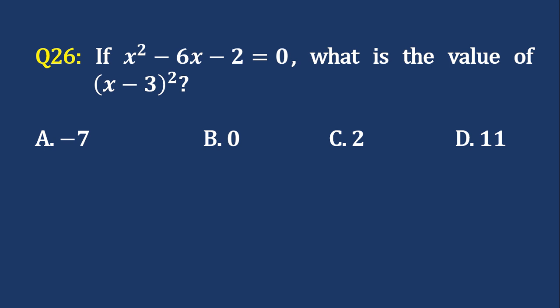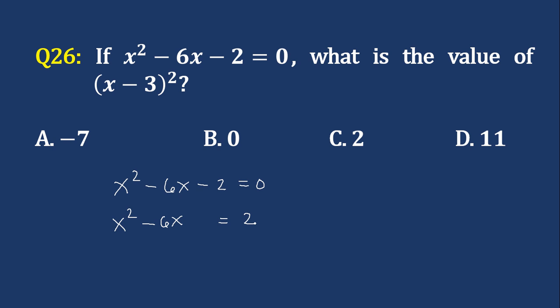Let's copy first, and let's transpose negative 2 to the right. So we have x squared minus 6x equals positive 2. Now, how do we complete the square in the left hand side?